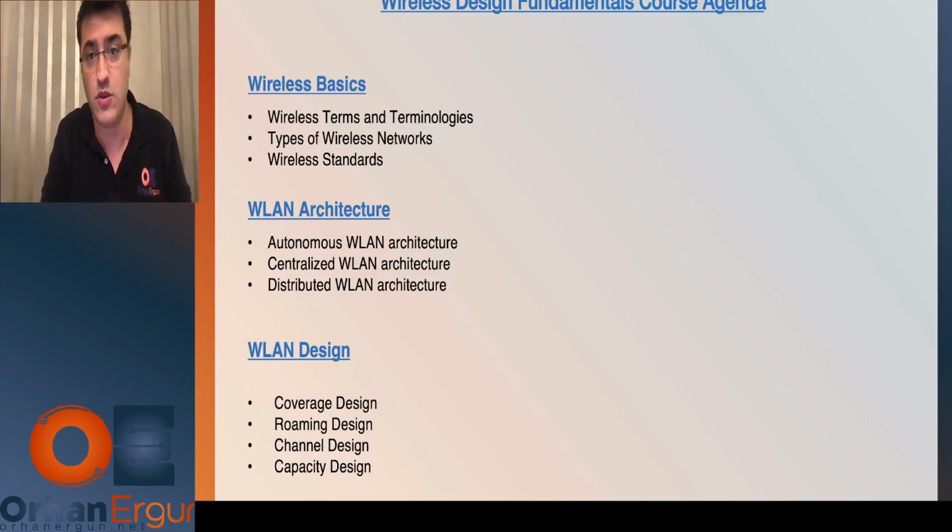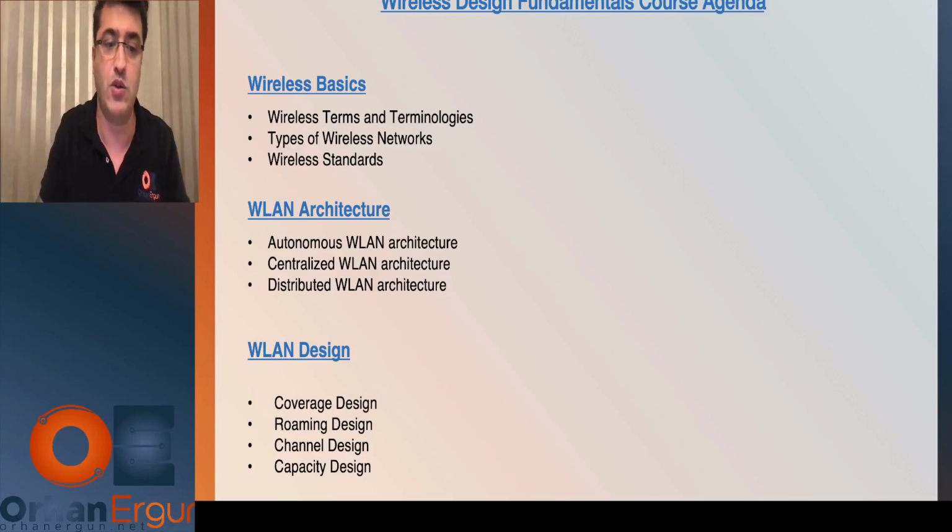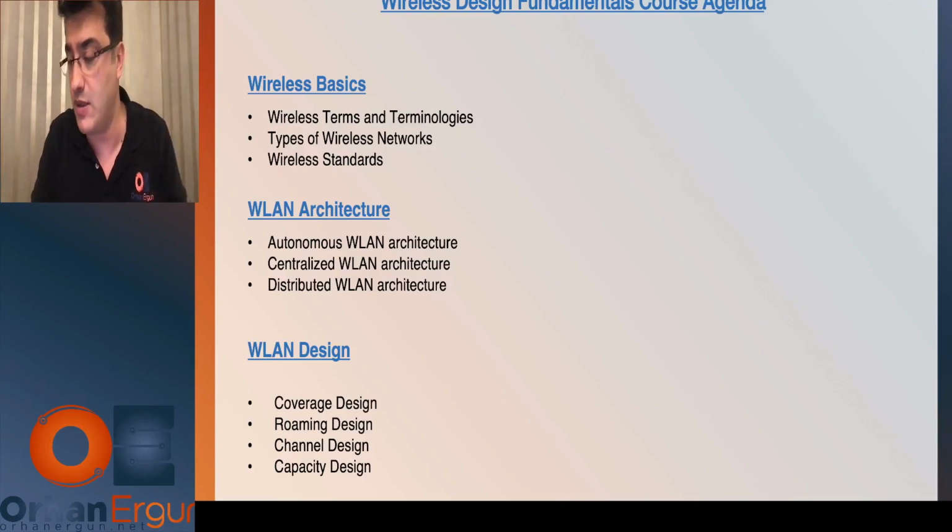That's why we will discuss not just the classical business environment, like every floor with some amount of people, but maybe very, very large environments, as I said, like warehouses or stadiums, etc. And also we will discuss classical business environments, enterprise, corporate headquarter buildings, let's say campus buildings, and what the design should be in those environments as well.